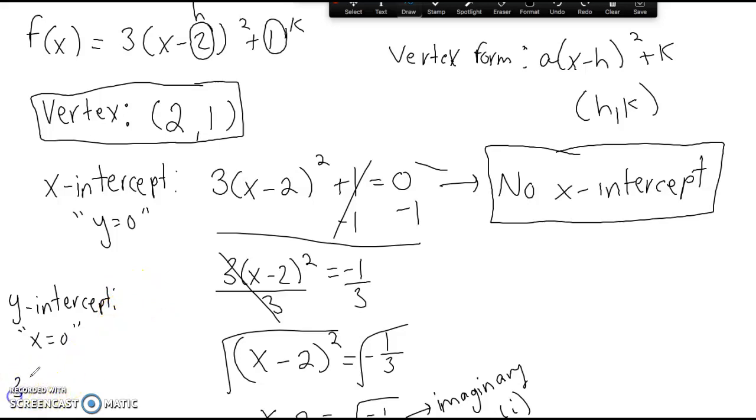So we have 3 times 0 minus 2 squared plus 1. So that's 3 times negative 2 squared plus 1. 2 squared is 4. 4 times 3 is 12. Plus 1 is 13. So here's my y-intercept. I like to use the point, so 0, 13 is my y-intercept.